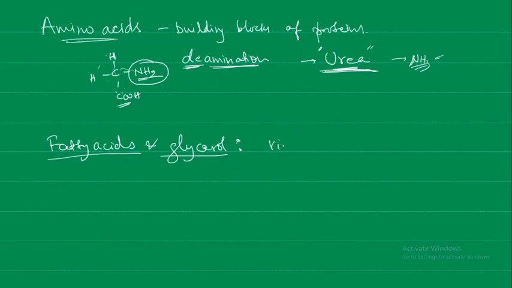You remember that villi are the structures present in the small intestine, and inside the villi there are lymphatic vessels known as the lacteals. So whatever fats are there, mainly they are going to enter this lymphatic system.